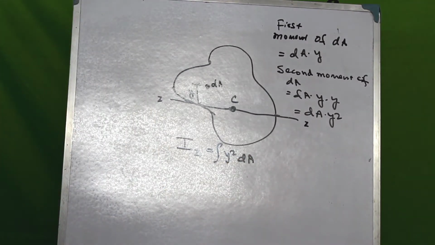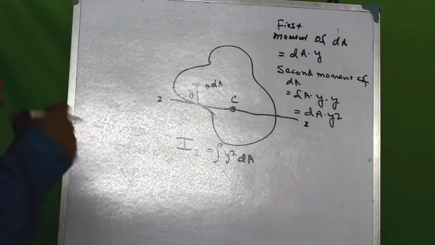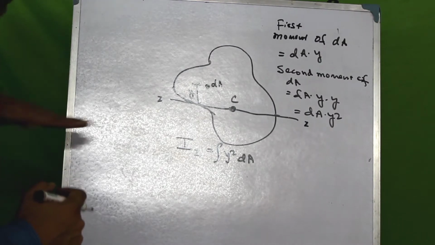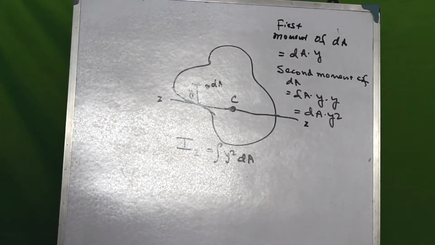So the moment of inertia thus can be defined as the summation of the products of all the elemental areas in the cross section with the square of the distance from the axis z, which is passing through the centroid of the cross section.